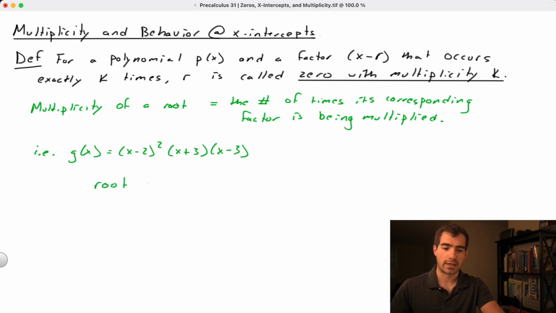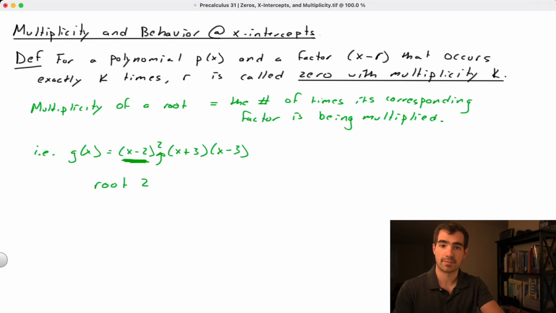Here the root of positive 2 coming from this factor is being multiplied twice, because we have it squared, that's x minus 2 times x minus 2. Since it's being multiplied twice, we would say this root 2 has a multiplicity of 2. Likewise, each of these roots here, positive 3 and negative 3, have a multiplicity of 1.